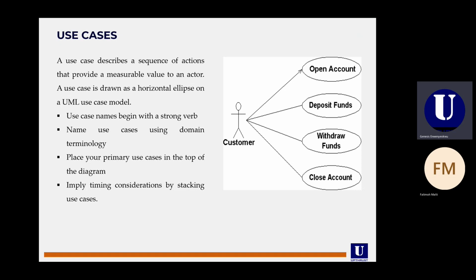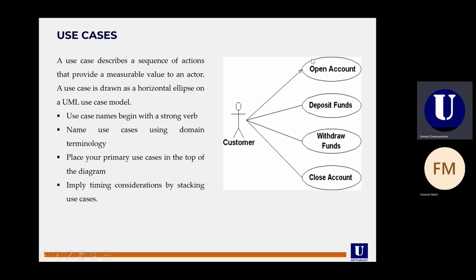So a use case is drawn as a horizontal ellipse, which is this thing you see here. They are horizontal ellipses. Use case names need to begin with a strong verb. If you see here, we have open, deposit, withdraw, close. These are all verbs.